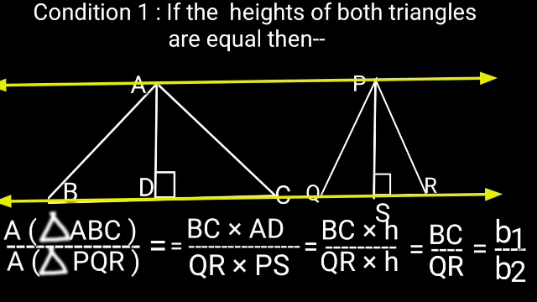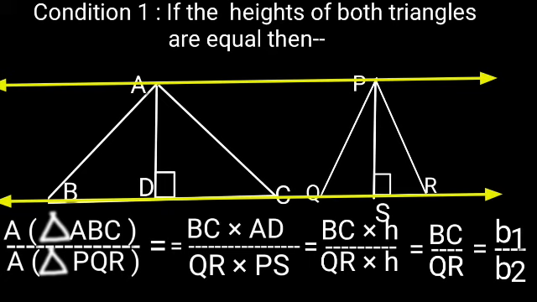Hence AD upon PS will be cancelled, giving BC into H upon QR into H. H is the same factor, so that will be cancelled and the ratio will be BC upon QR, which is the base of the corresponding first and second triangles.